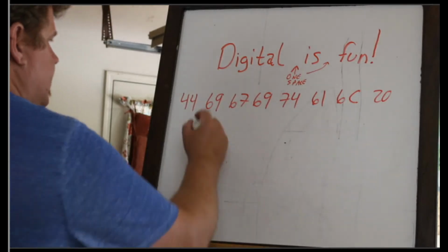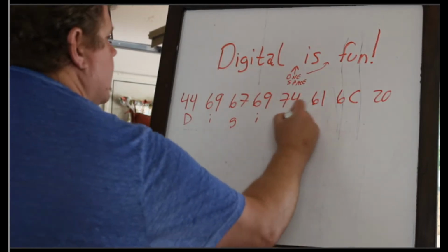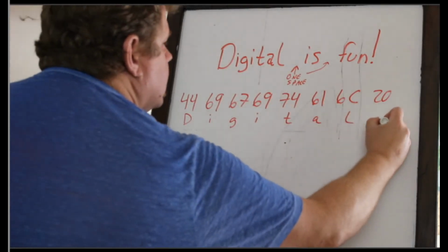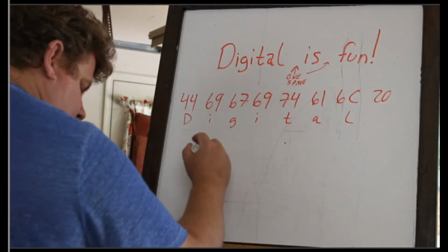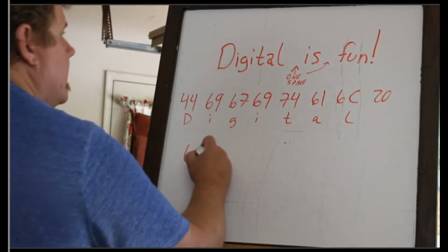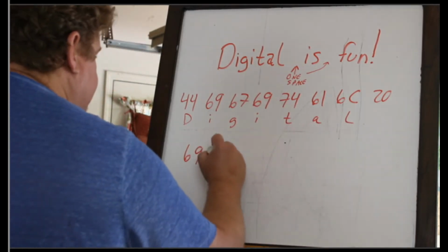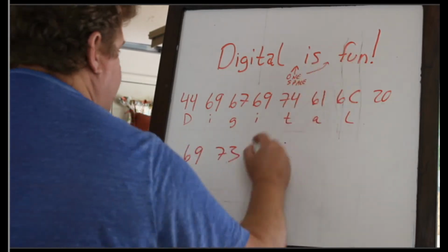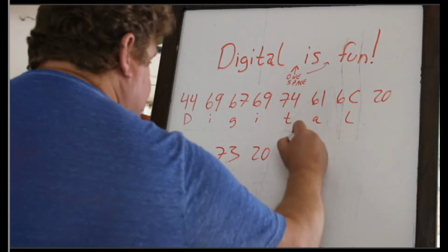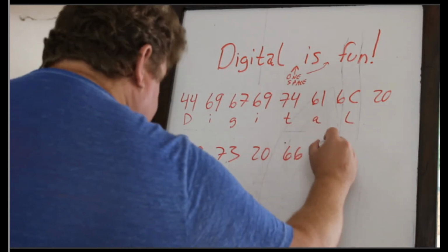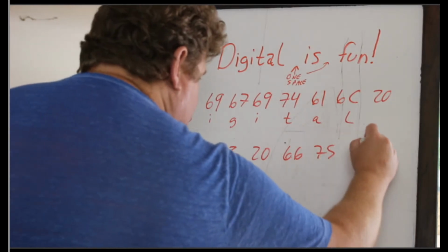And so this is digital, space, and then the lowercase i again is 6, 9, and then the s is 7, 3, and there's another space, and then lowercase f is 6, 6, lowercase u is 7, 5, lowercase n is 6e.